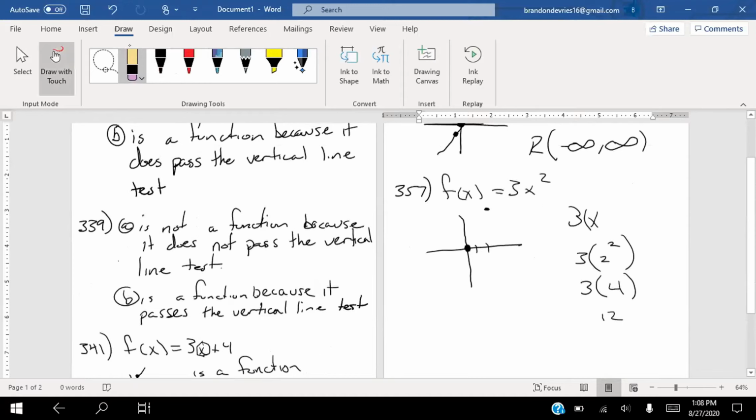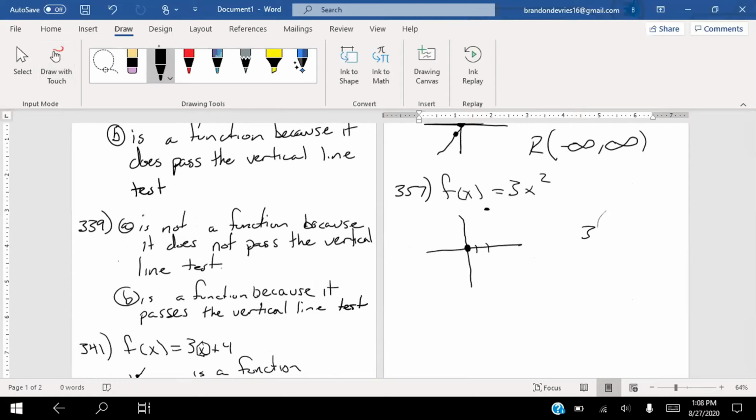I'll erase this so we can plug in new ones. And then 3 times negative 2 squared. Negative 2 times negative 2 is positive 4, sorry. So it's going to be another 12.